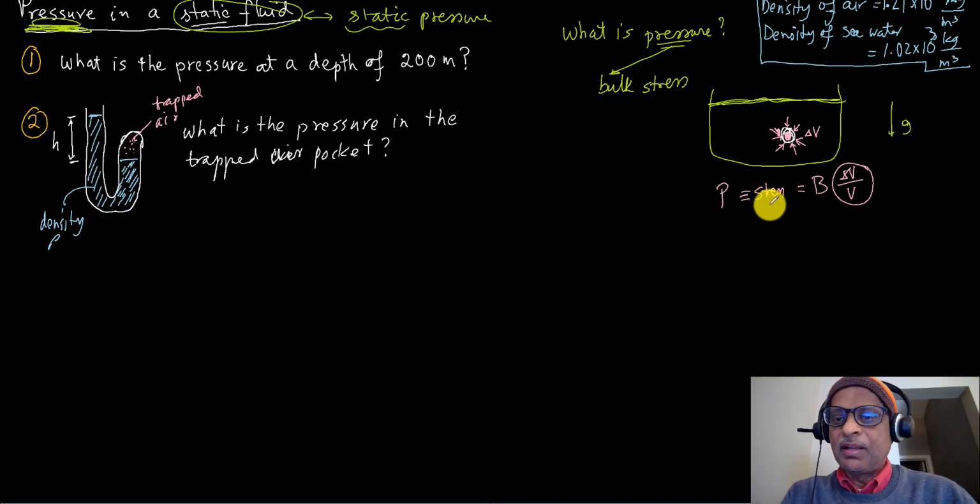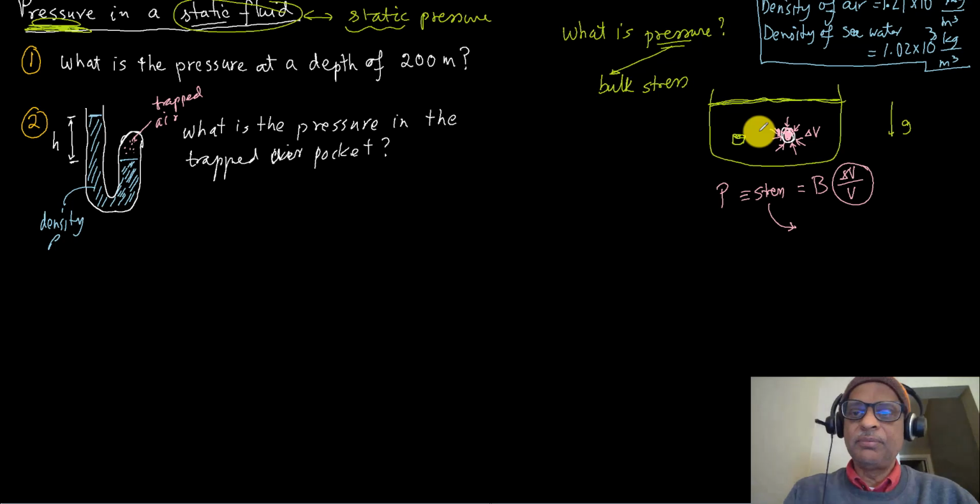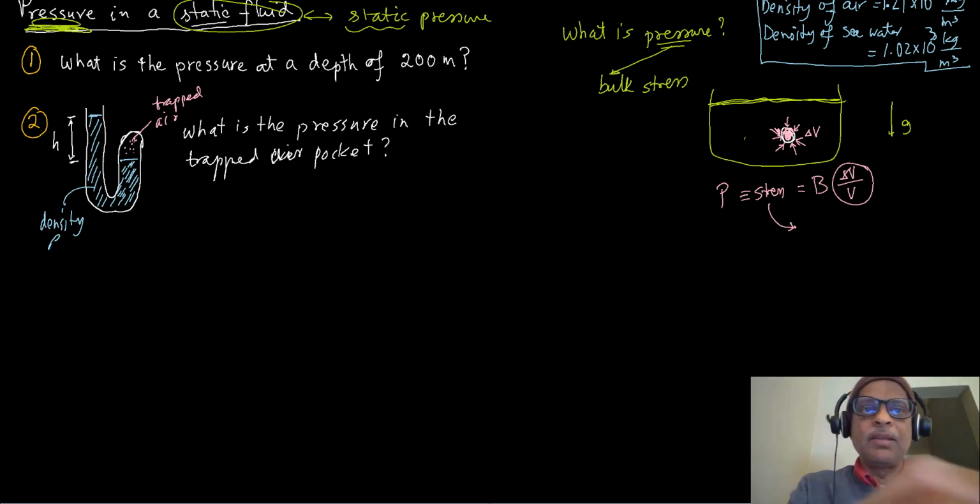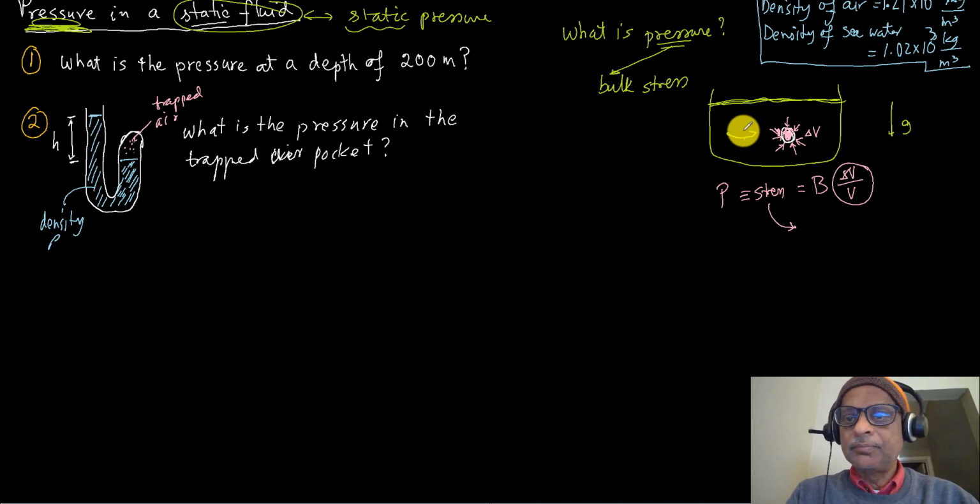Another way to look at stress is, if I look at a unit area, maybe at the top, a very tiny amount. You have a unit area, some area A, and you will have pressure from top and bottom.